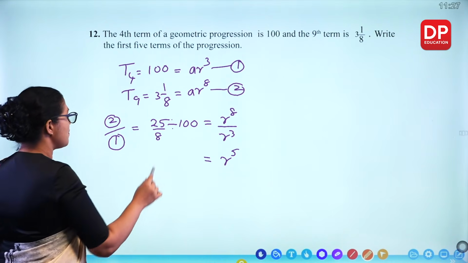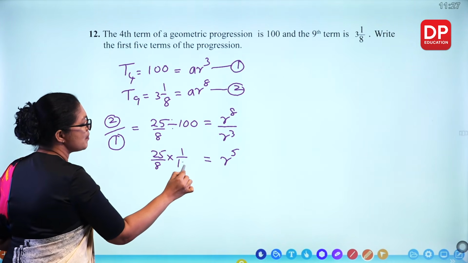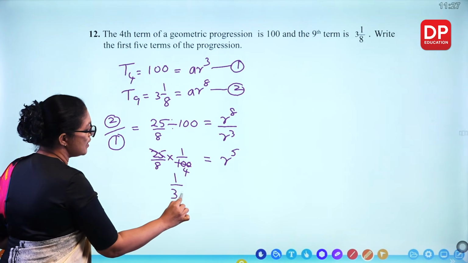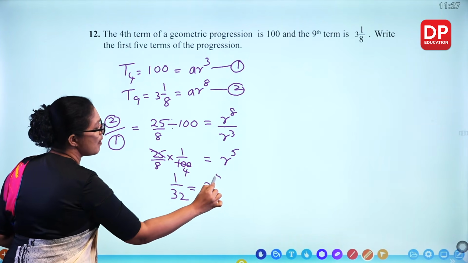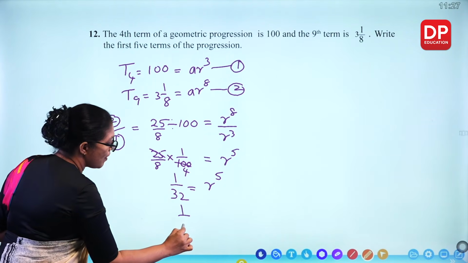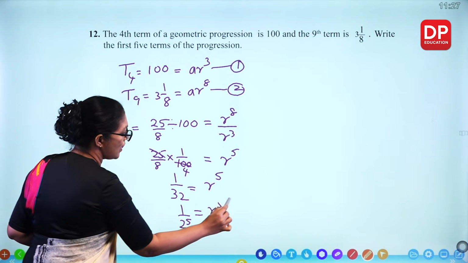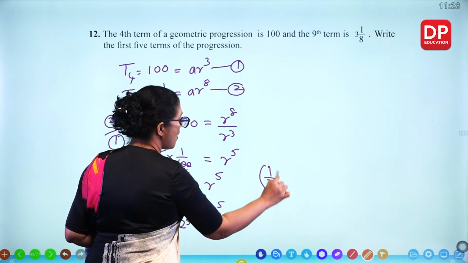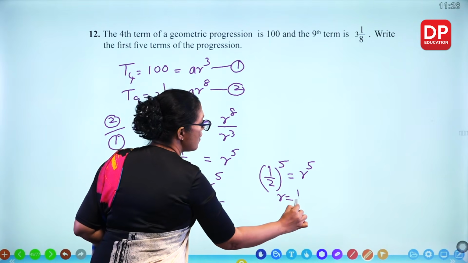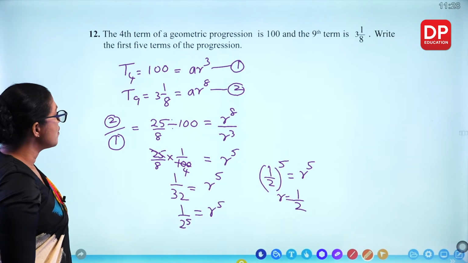Here, how do you simplify? 25 over 8 multiplied by its reciprocal. 25 times 4, 1 over 32 is r to the power 5. We know 32 is 2 to the power 5. So I can write half to the power 5 equals r to the power 5. R equals half. We found r equals half.